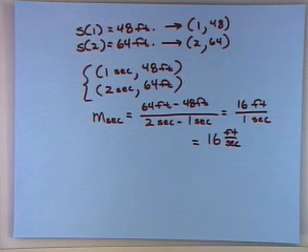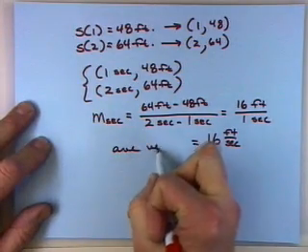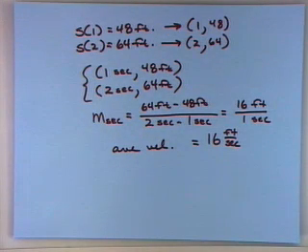An average velocity of 16 feet per second. So during that 1 second interval, we gained 16 feet of height. Is that okay? So it is fairly descriptive in that regard.